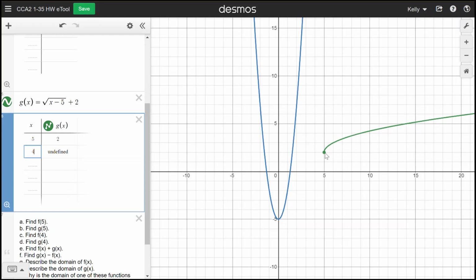So your domain starts at 5 and it includes 5 because you see this solid point here. If this was open, it would mean it didn't include it. But this is a solid point and it goes from positive 5 to positive infinity, and that's the domain for that particular function. That's why there are restrictions. We can't go anything less than 5 or we'll have an imaginary number. Hopefully that helps.